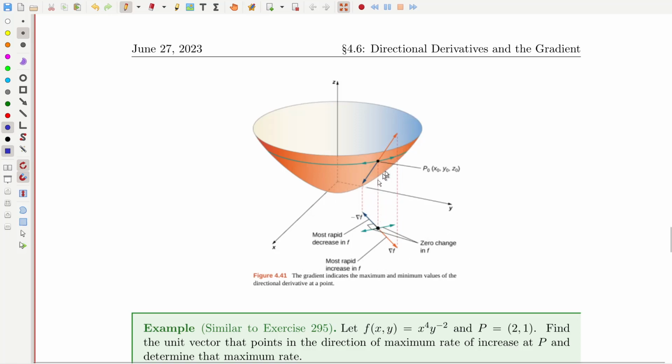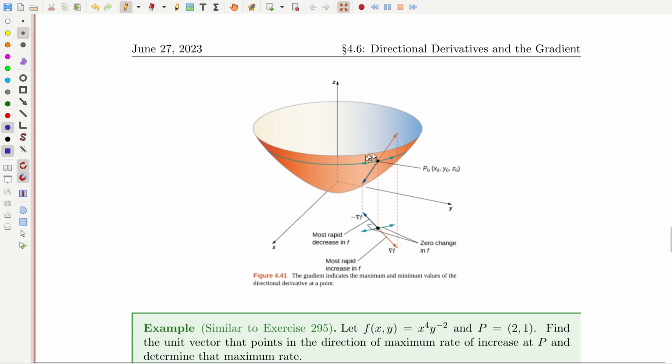But the overall behavior of the function is this paraboloid-looking thing. So the gradient is this guy. It's pointing this way. You can see that the negative of the gradient is pointing the opposite way. And then if we view what's happening on the function, the gradient is pointing in the direction of steepest ascent.